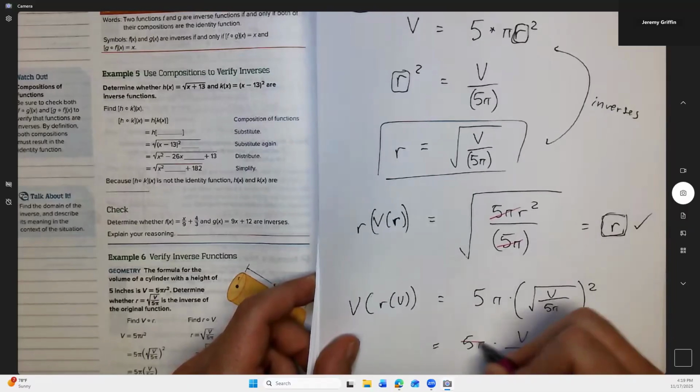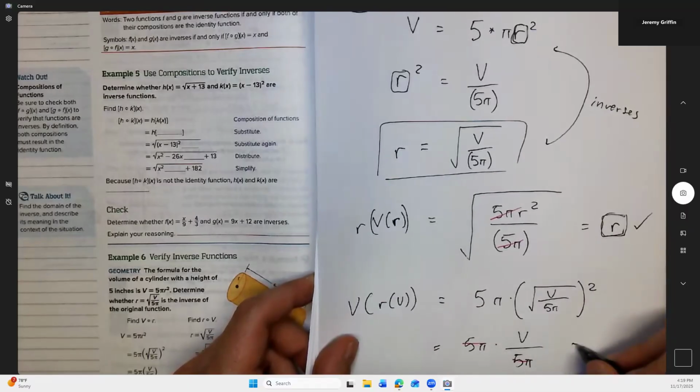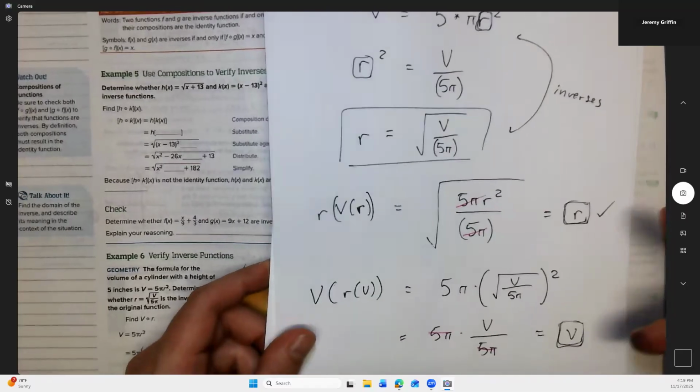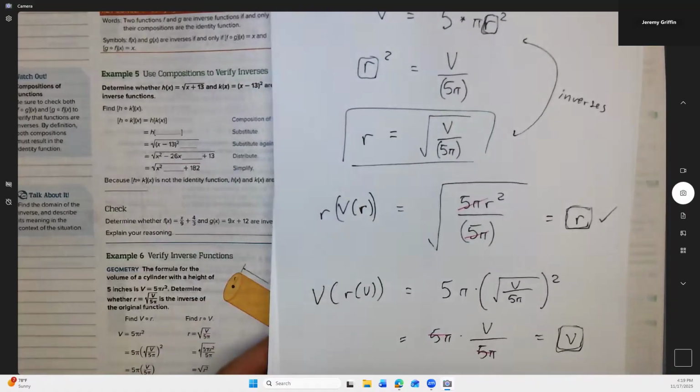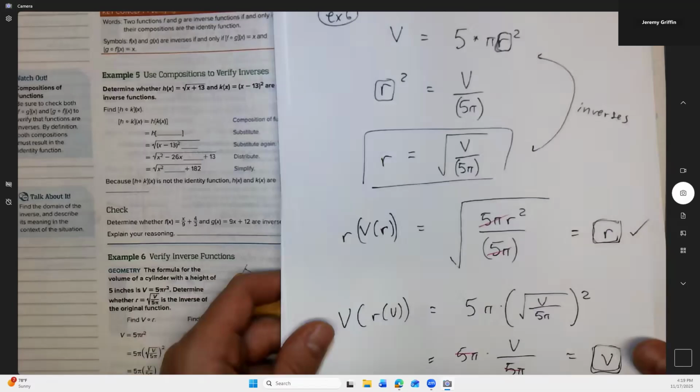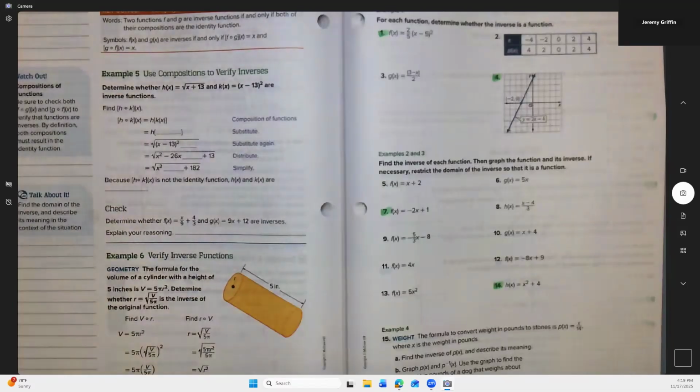Oh, look at that. That just leads back to the volume. The fact that these two relationships are inverses means you take the function of its inverse and it just brings you back to the identity. So that's all good.